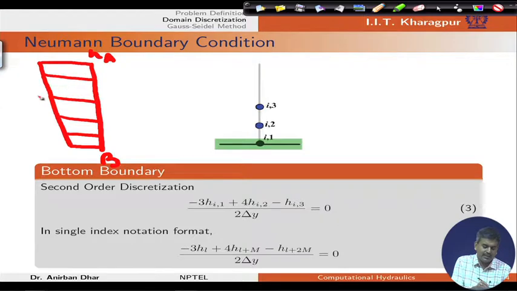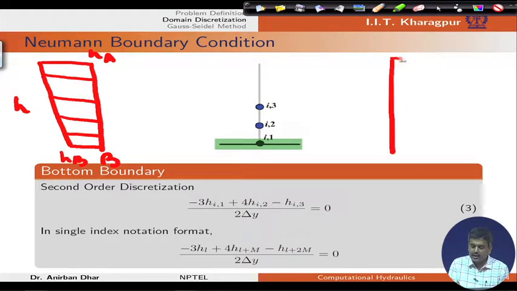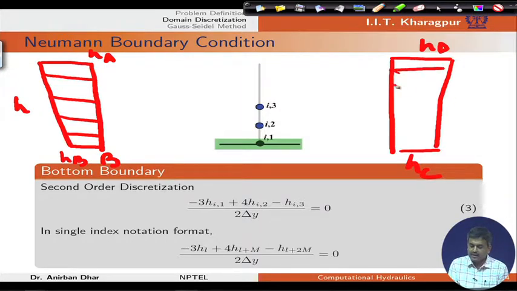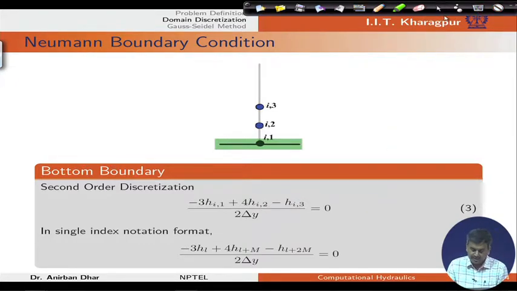For any intermediate node we can get the value of H at the boundary. On the right hand side, similarly, this is having a higher value, this is lower, this is H D and this is H C. We can get any intermediate value on the right hand side. So, we have completely defined our boundary conditions.